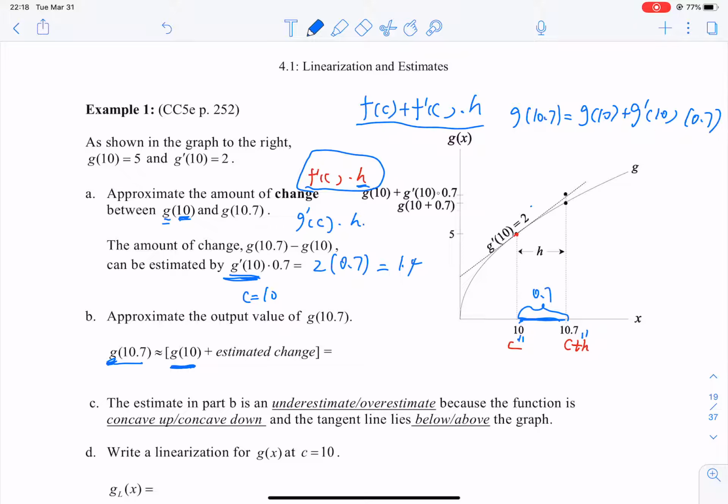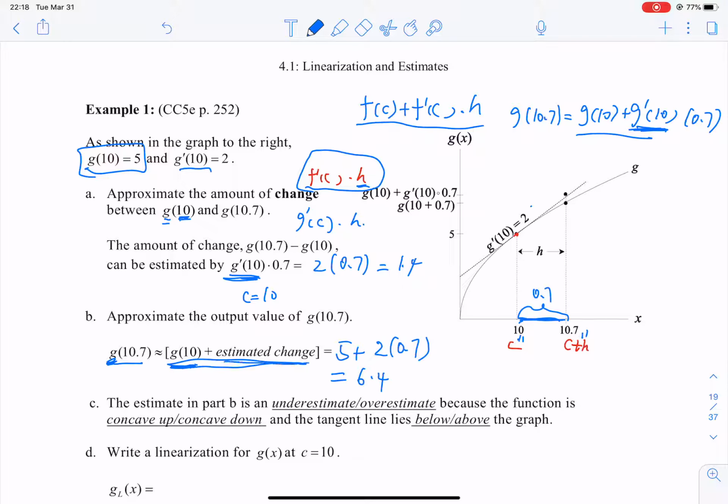All right, so now we have this formula. g of 10 is here. g of 10 is 5. And g prime of 10 is 2. So we use the 2 multiplied by 0.7. That is just 6.4.